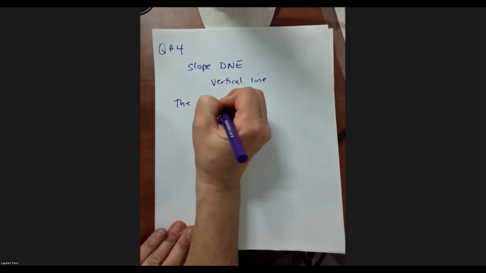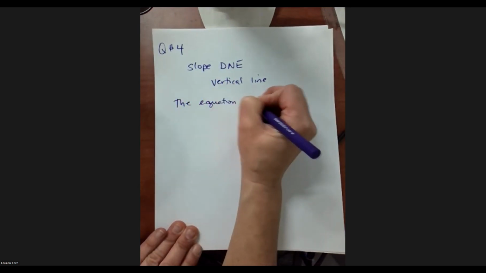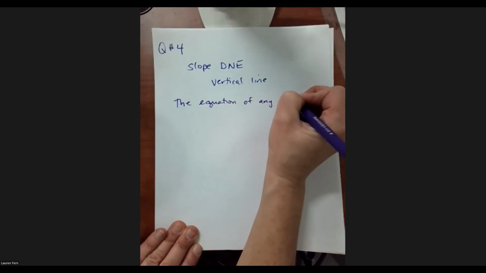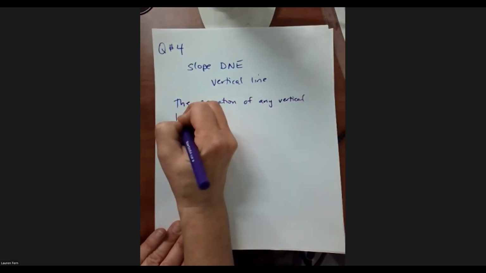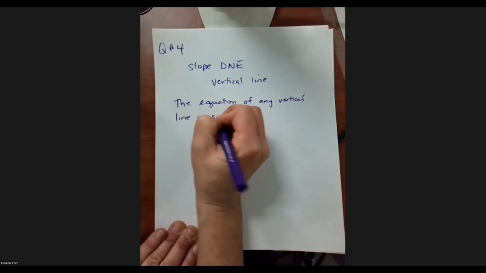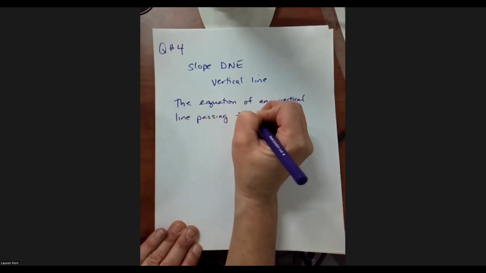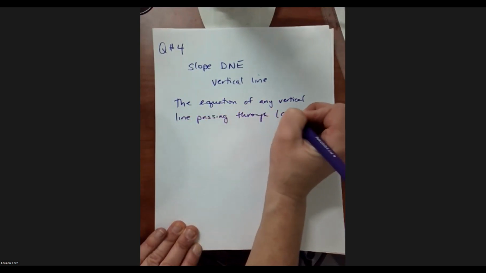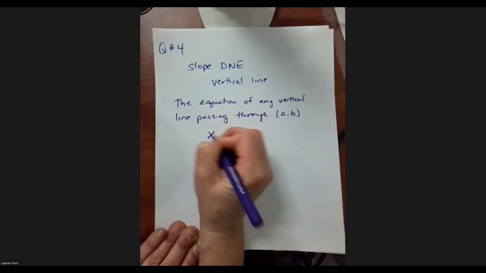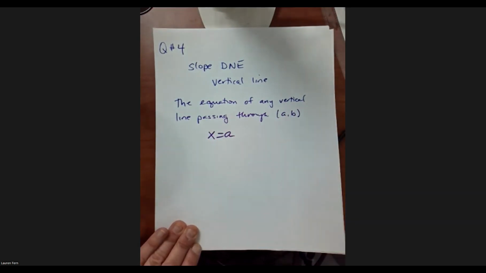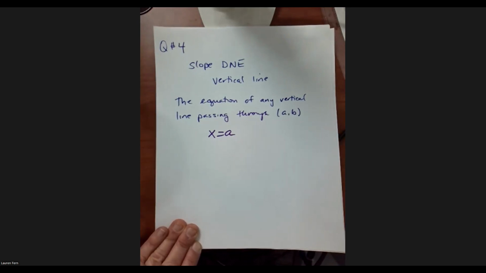The equation of any vertical line passing through some general ordered pair is always just x equals whatever the x value is. So whatever ordered pair you're given, just nab your x value and there you got it.